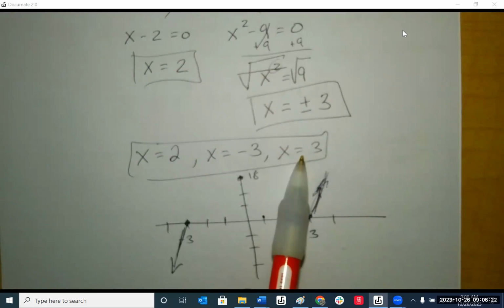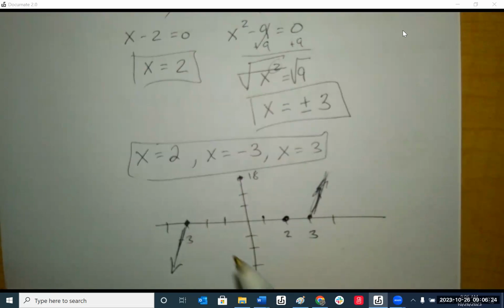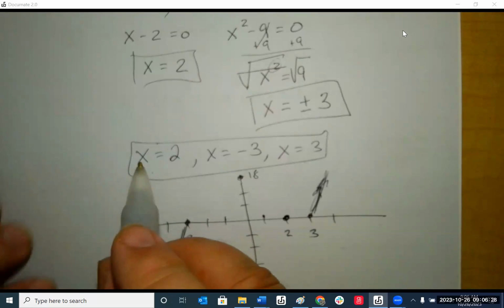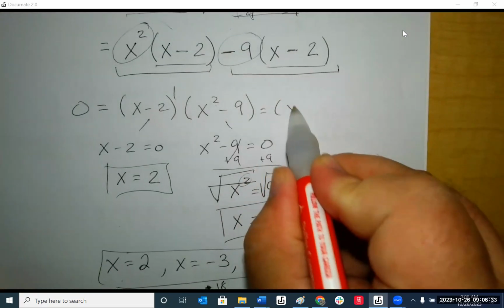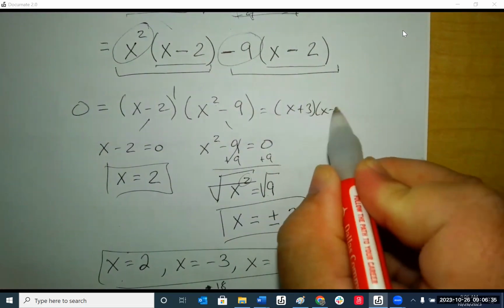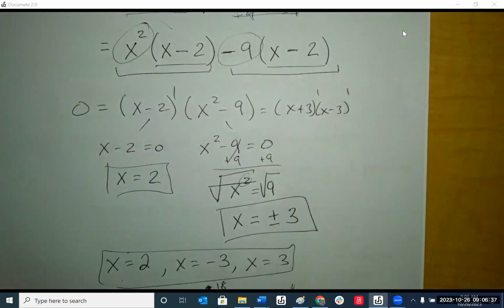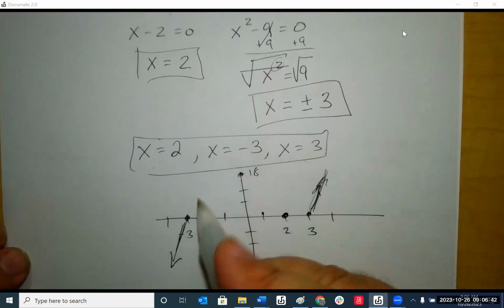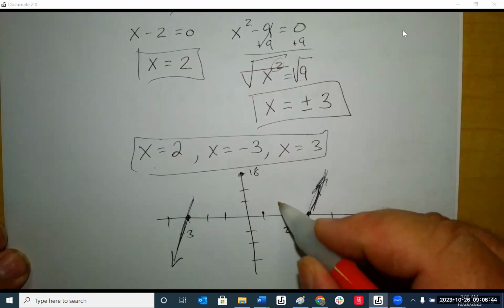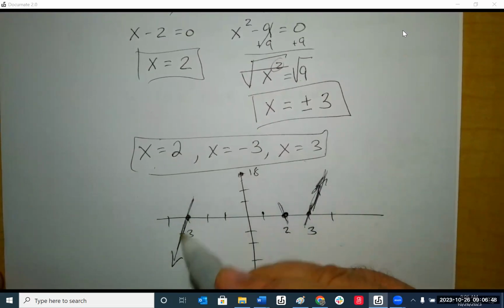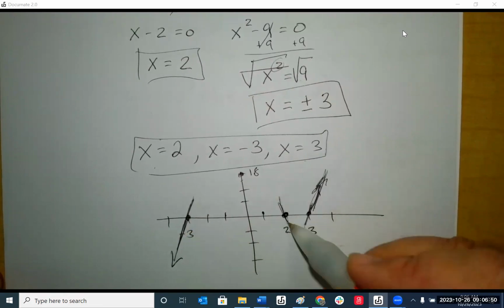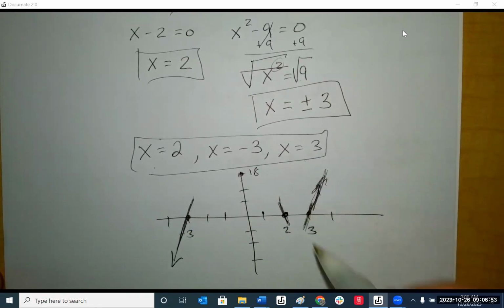Since we have three answers and we're supposed to have three, that means they each have multiplicity of 1. This one is actually x plus 3, x minus 3, so their multiplicities are all 1. That means we cross at each of these. It grows up here, so this one has to go down, and this one has to go up.